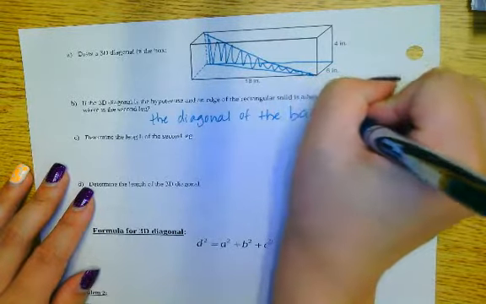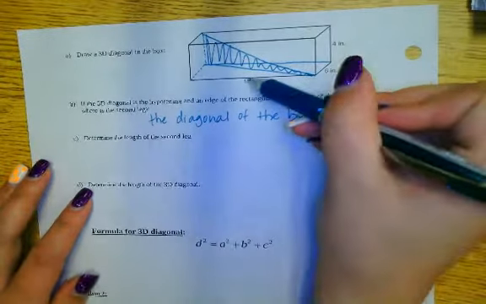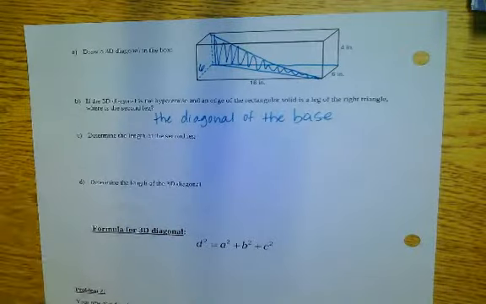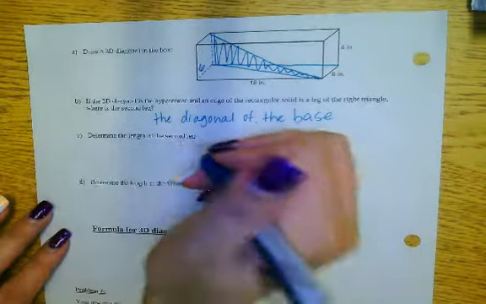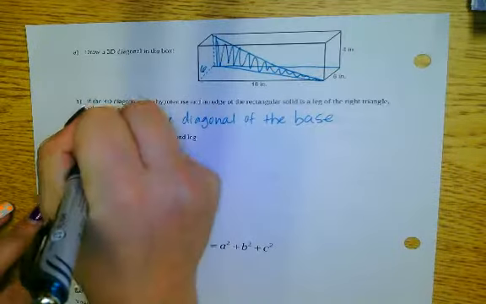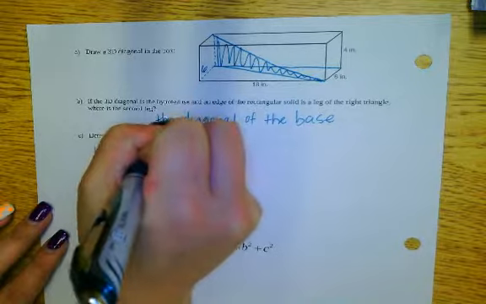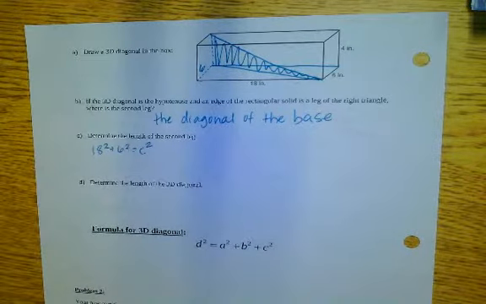Now it wants us to determine the length of the second leg. So we know this is 18, we know this is 6, so let's figure out the length of the second leg. And round to the nearest hundredth once you've done so.